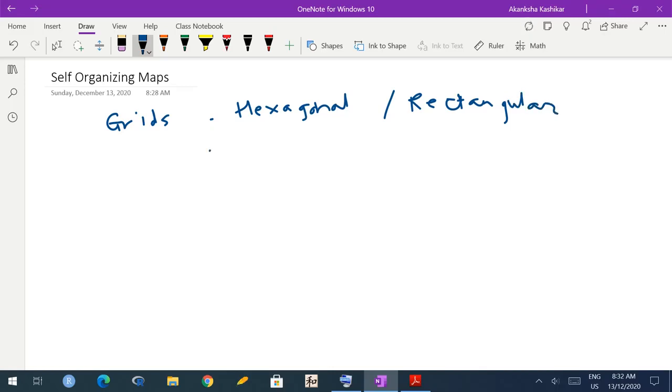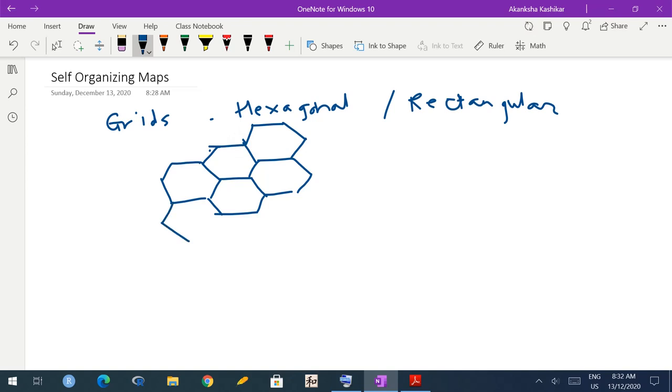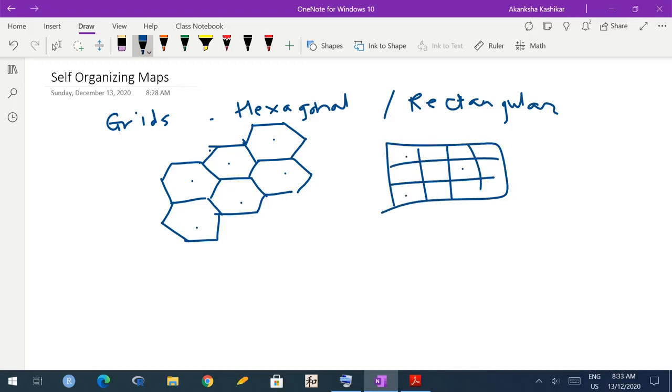So if I have hexagonal grids like this, then all our objects would be assigned to one of these hexagons. So you try to divide objects into such hexagons. The same thing can happen with the usual rectangular type of structure. So you divide objects into these.